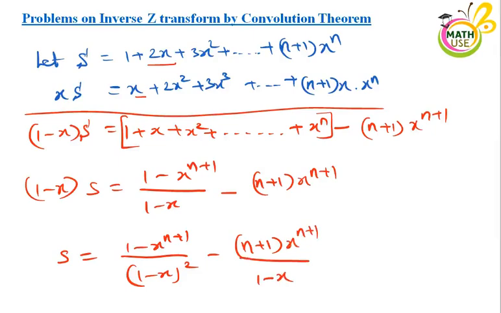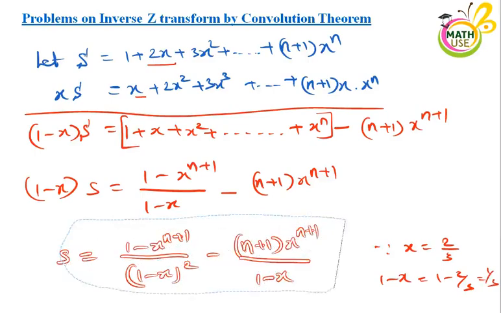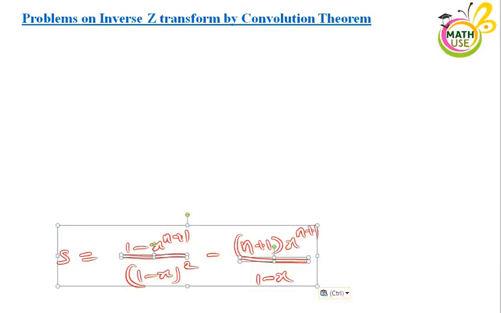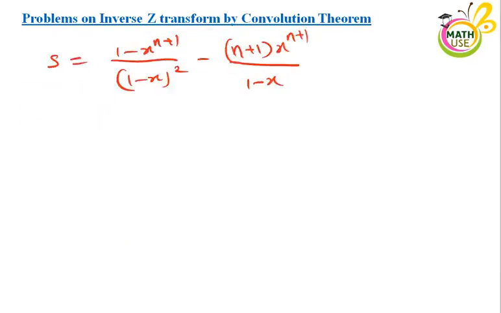Now we will put the x value, since x is 2 by 3. So 1 minus x is 1 minus 2 by 3. You get 3 minus 2, it is 1 by 3. So by substituting x and 1 minus x here, we get 1 minus x to the power n plus 1, with x value 2 by 3, divided by 1 minus x, which is 1 by 3.